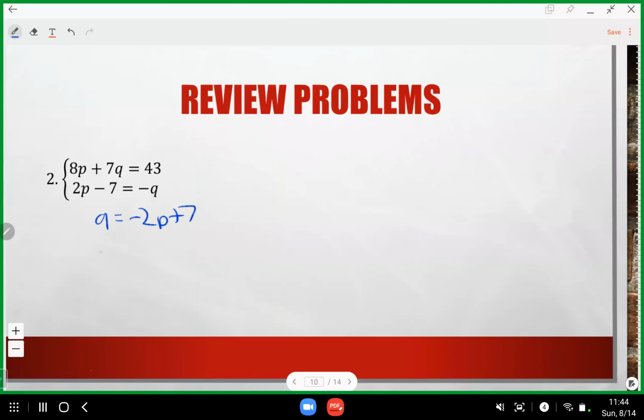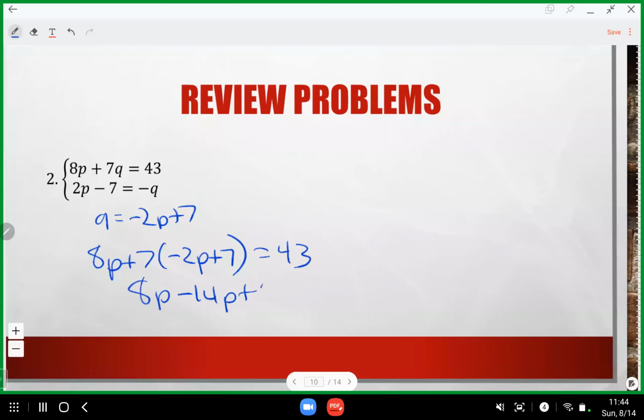Plug that in. 8p plus 7 times negative 2p plus 7 is going to be equal to 43. 8p minus 14p plus 49 is going to be 43. Negative 6p is going to be equal to negative 6. P is going to be equal to 1.